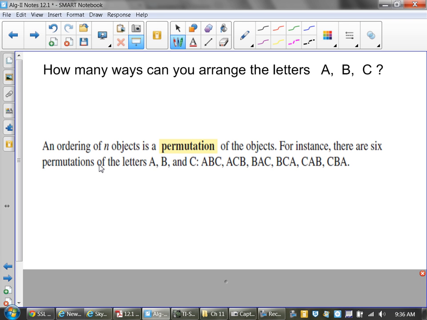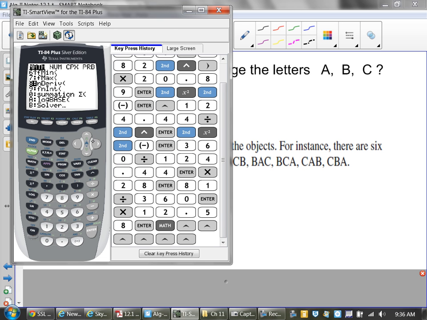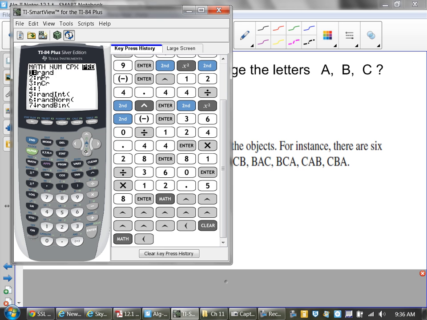Yes, sir? Where's the permutation button? There is one, and there is a factorial button on your calculator. If you go to math, it's under probability, number 4.